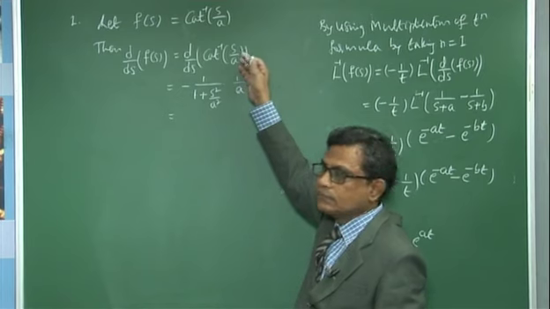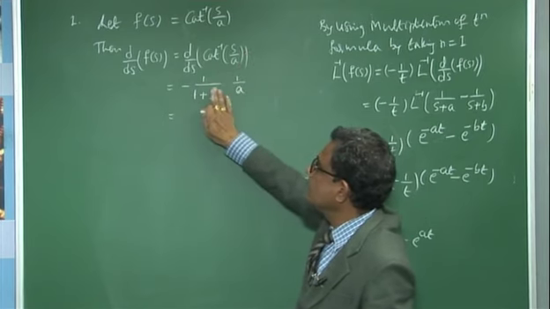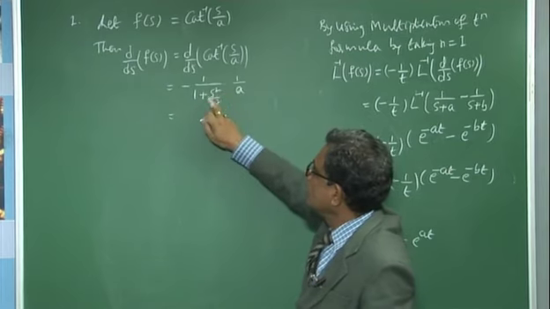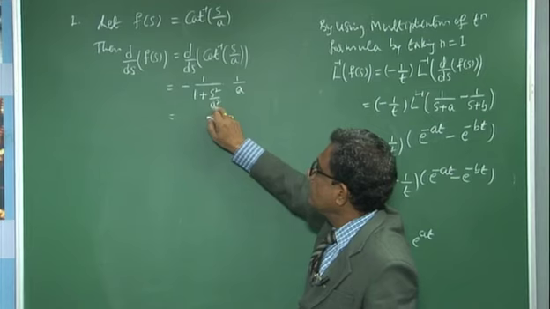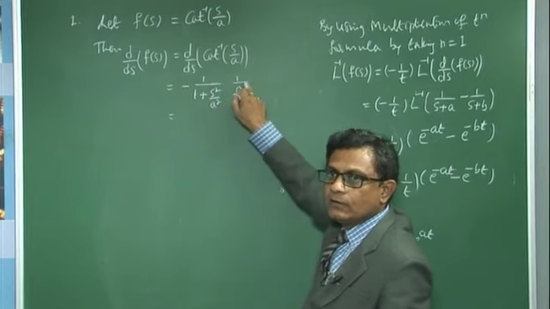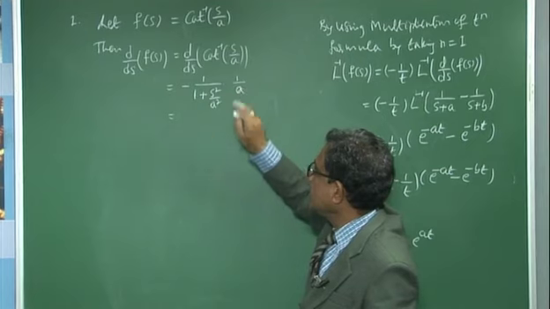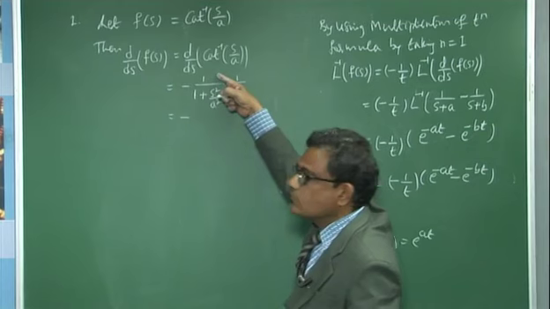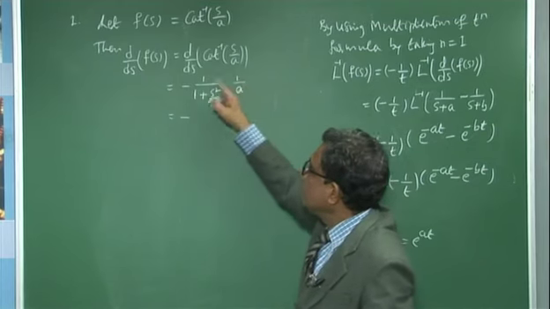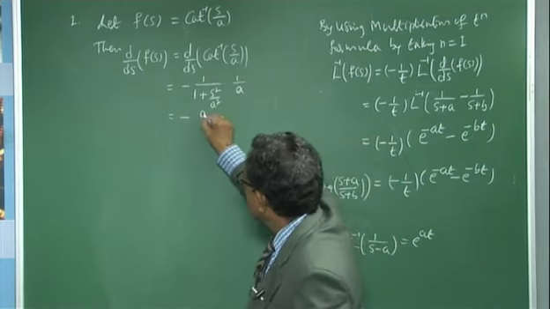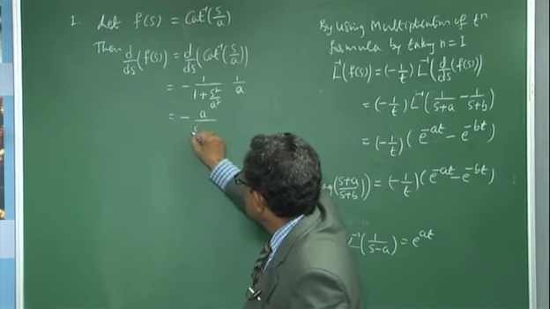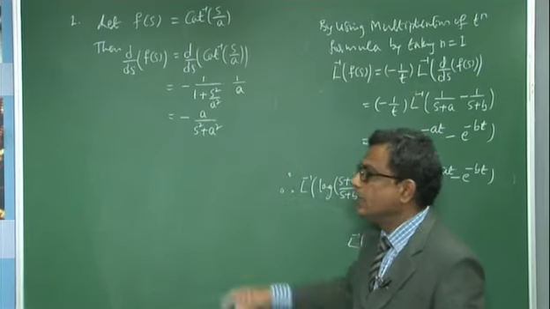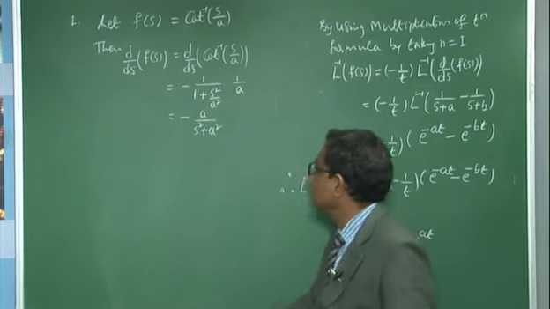Now, take LCM, and a square will come into the numerator, a will get cancelled, so you are left with minus a divided by s square plus a square.